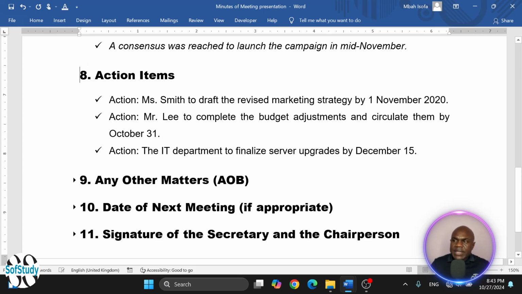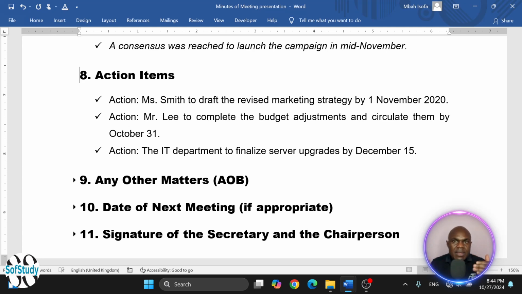Ms. Smith to draft the revised marketing strategy by 1st November 2020. Mr. Lee to complete the budget adjustments and circulate them by October 31st. The IT department to finalize server upgrades by December 15. So those are actions, or you call them instructions that were given to these people.